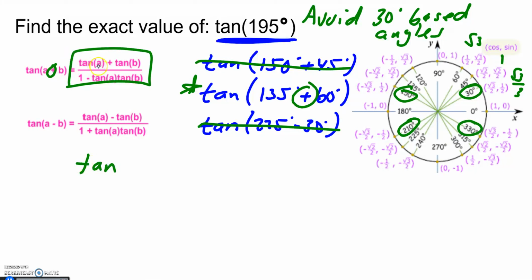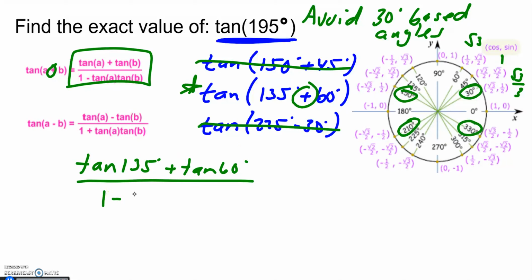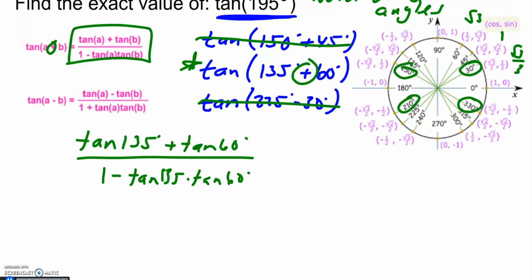Tangent of my first angle, 135, plus the tangent of my second angle, which is 60 degrees, over 1 minus the tangent of 135 times the tangent of 60. So let's see what we know. The tangent of 135 degrees is going to be -1.